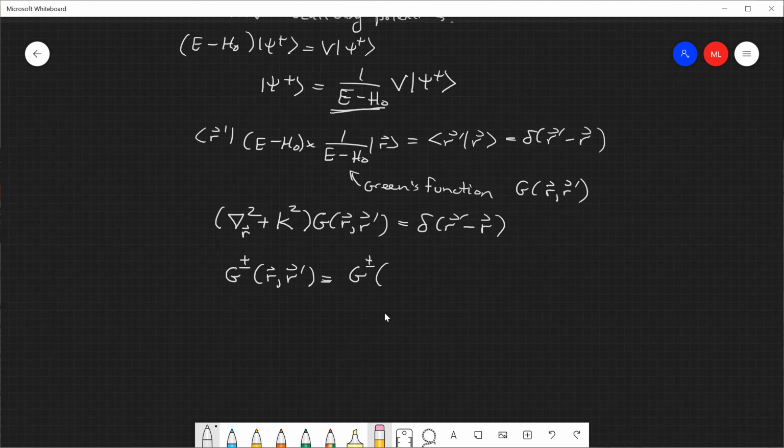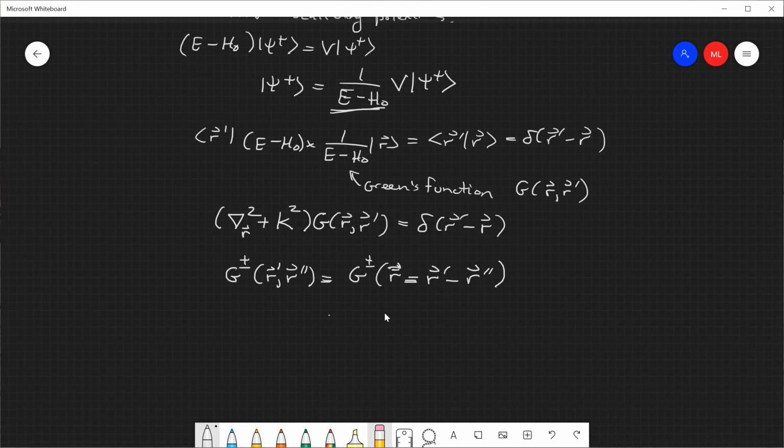Let me put this prime and this double prime, and then we'll define the vector R as R prime minus R double prime.